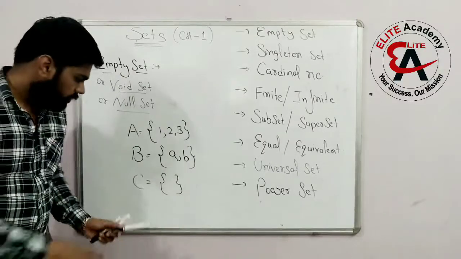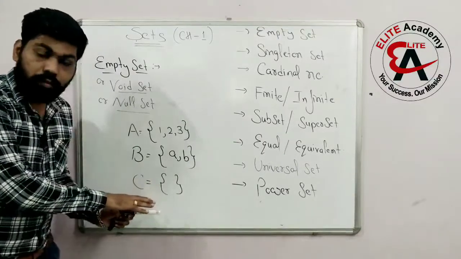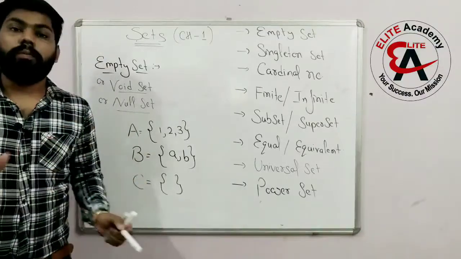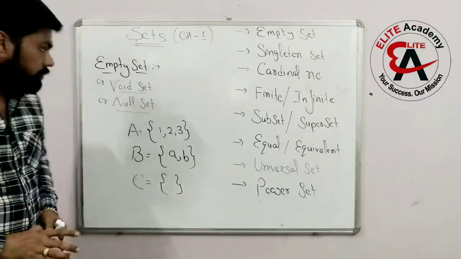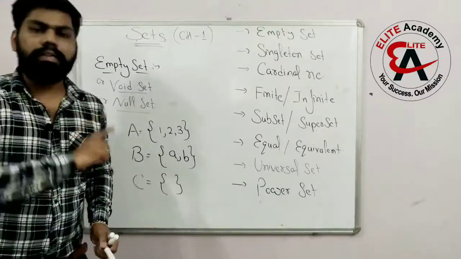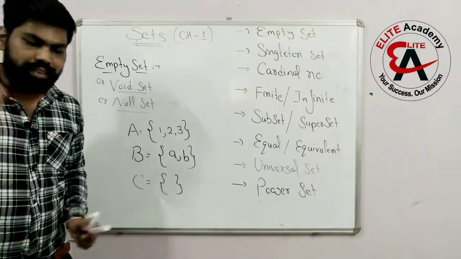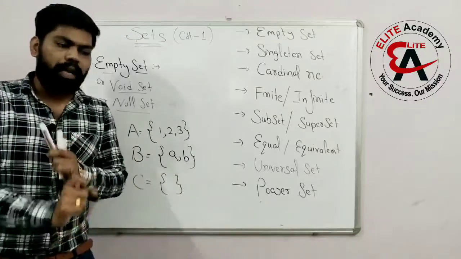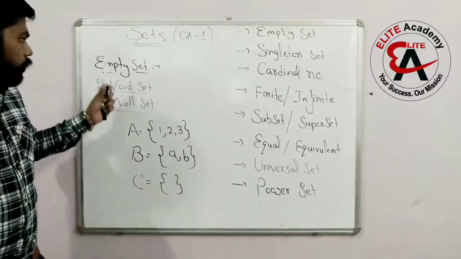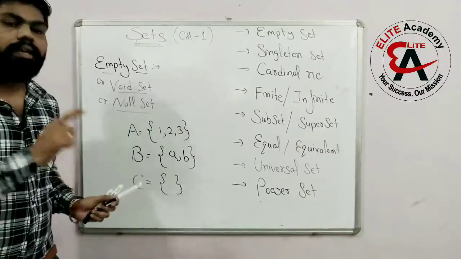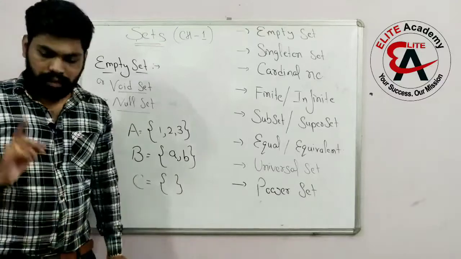No member. It is a set where there is no member. It is a named group where there is no person, no thing. That means a set which doesn't contain any element is called an empty set. A set in which the number of elements is 0 is called an empty set, or void set, or we can say null set. Is that clear or not?